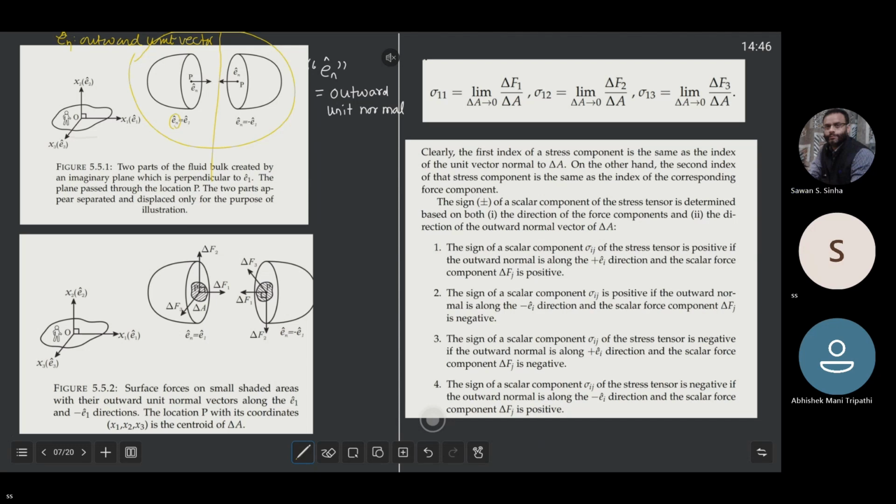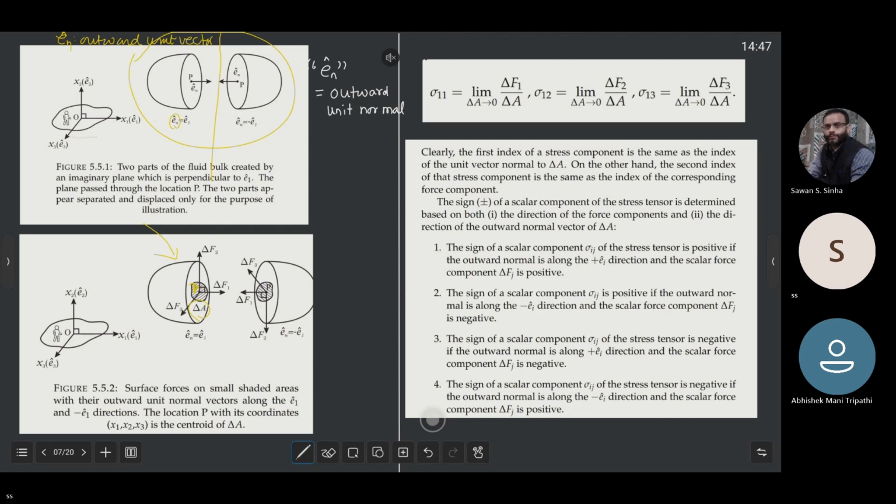Now, let's focus on the left part, and on the left part, focus on a point P. ये यहाँ लिखा हुआ है. And let's consider a small area delta A around it, such that P is the centroid of that small area.